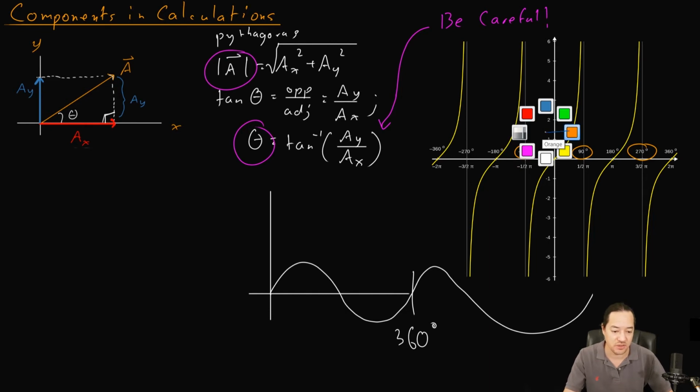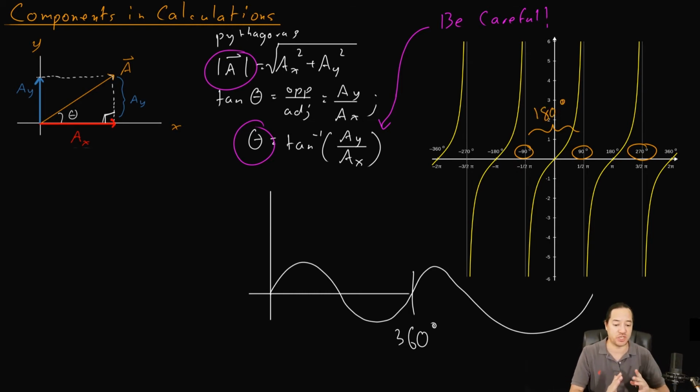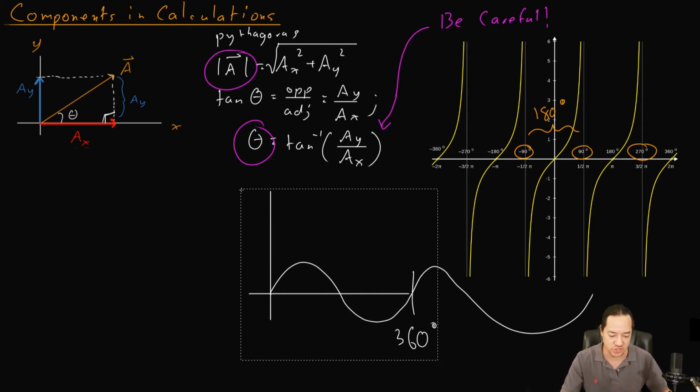So here, this distance is 180 degrees. And that can be an issue because in a full circle, we have two 180 degrees. We have 360 degrees. And so tangent repeating itself like this introduces a problem for us. Let me see if I can illustrate what this problem looks like.